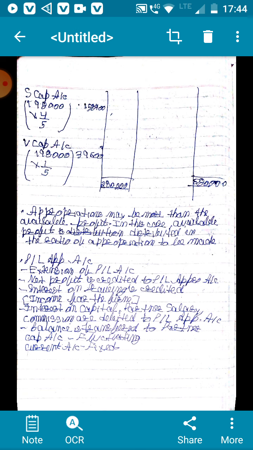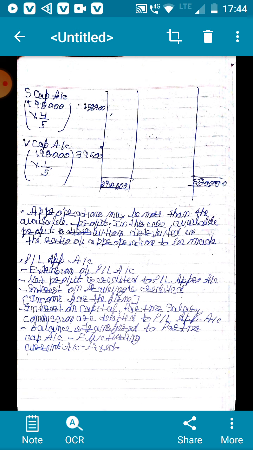Now let's understand the profit and loss appropriation account. It is an extension of the profit and loss account. Net profit is credited to the profit and loss appropriation account because it is income.